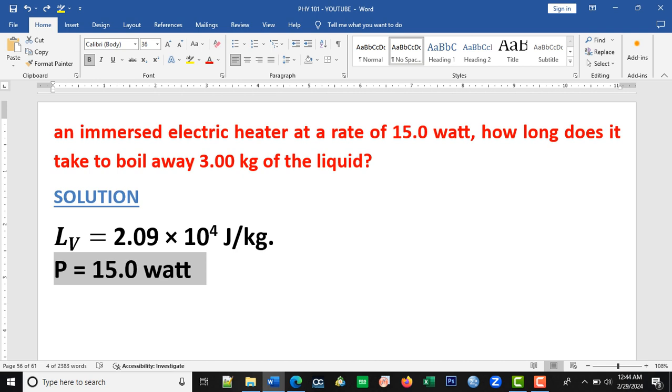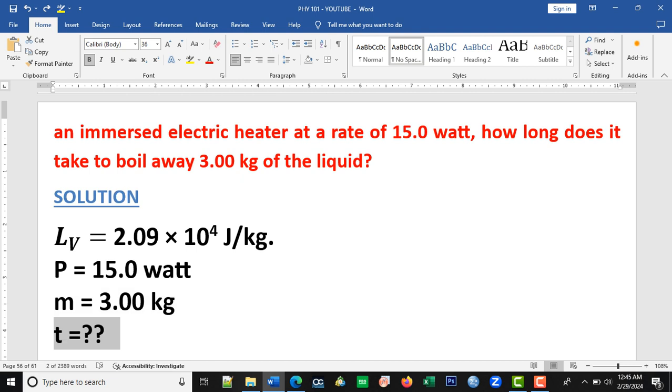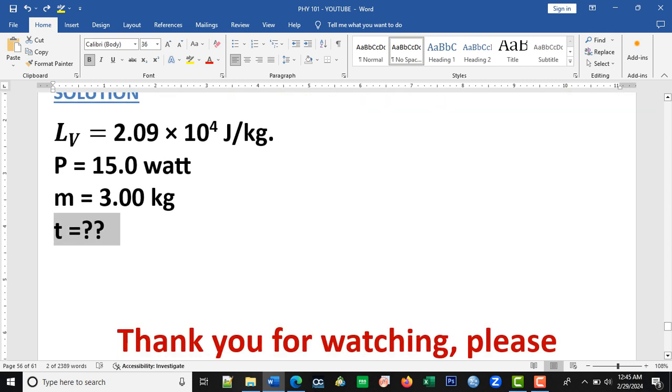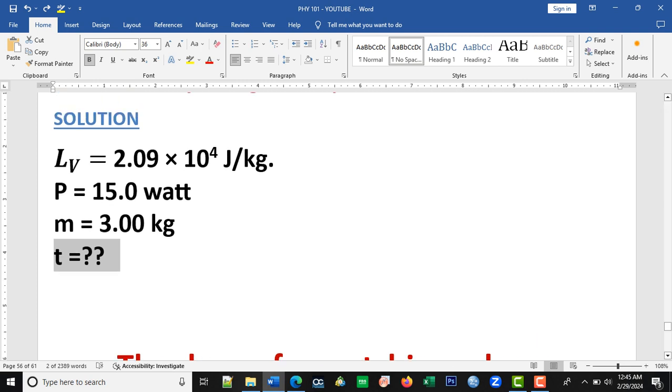In this case, we have the latent heat of vaporization given, the power rating of the heater is given, the mass which is going to be boiled away is given as well, and we are to find the time. All right, so what we are going to do next is to decide on the expression which we are going to use.